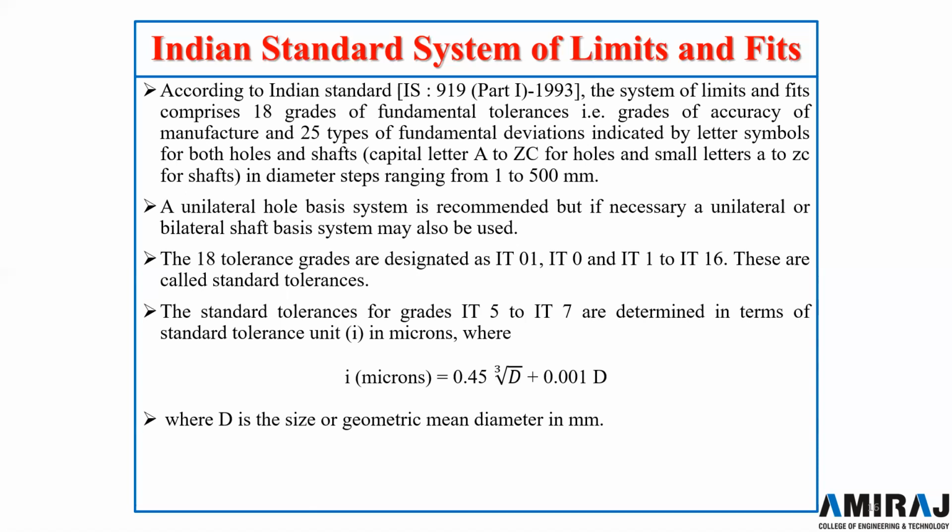Now this is for IT5 to IT7, which means for IT5, IT6 and IT7 we can get the value of the standard tolerance in microns using these equations, which means based on the diameter you can find out these standard tolerances.